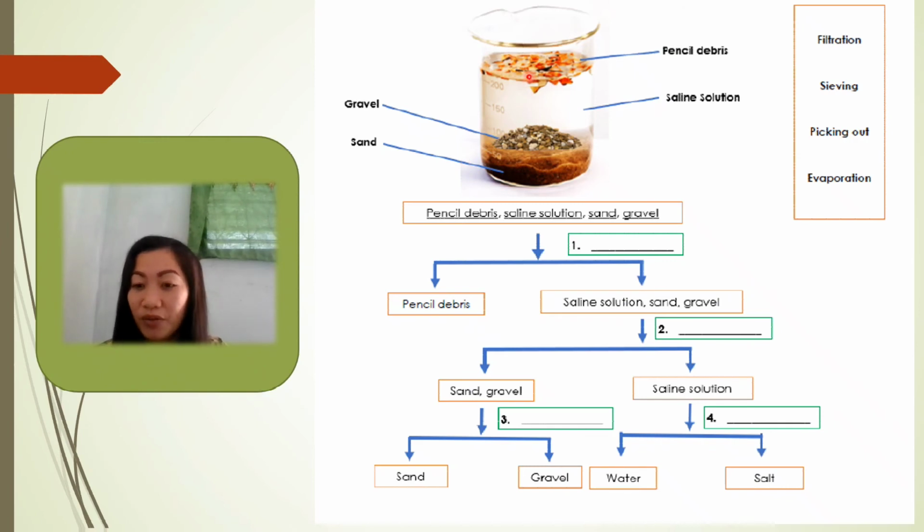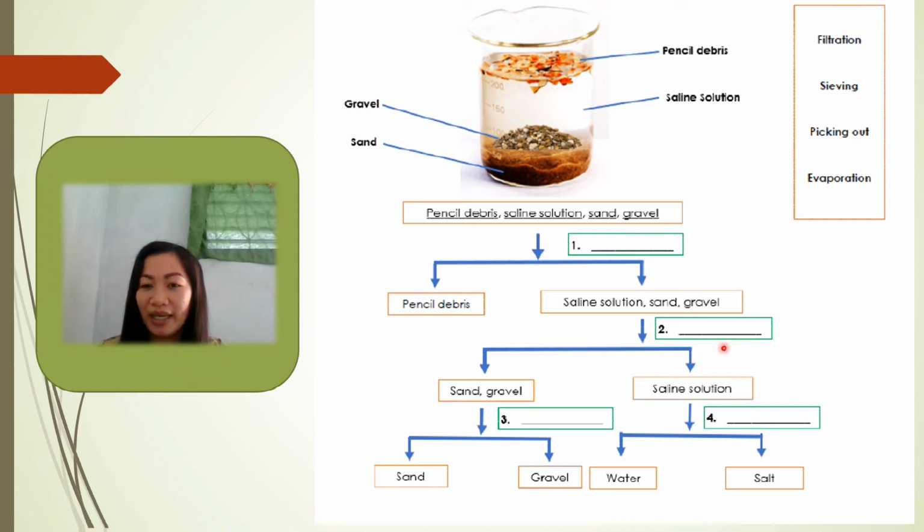So what do you think is a very good method that we're going to use for this separation? Is it filtration, sieving, picking out, or evaporation?